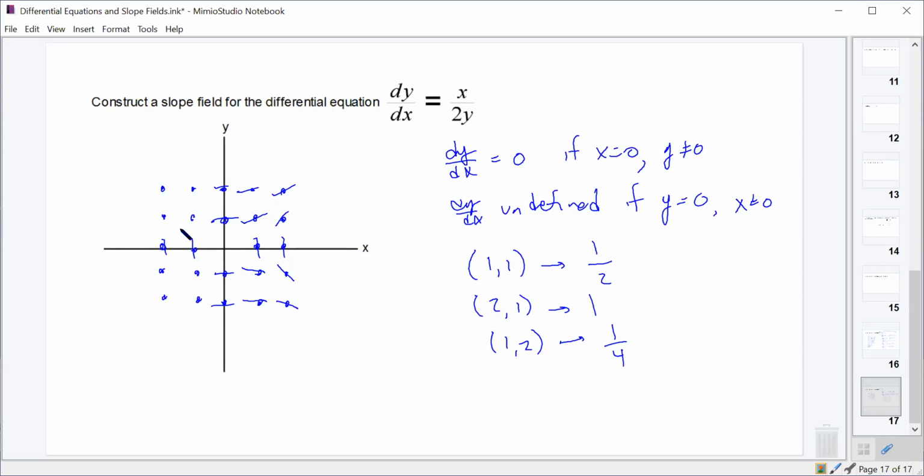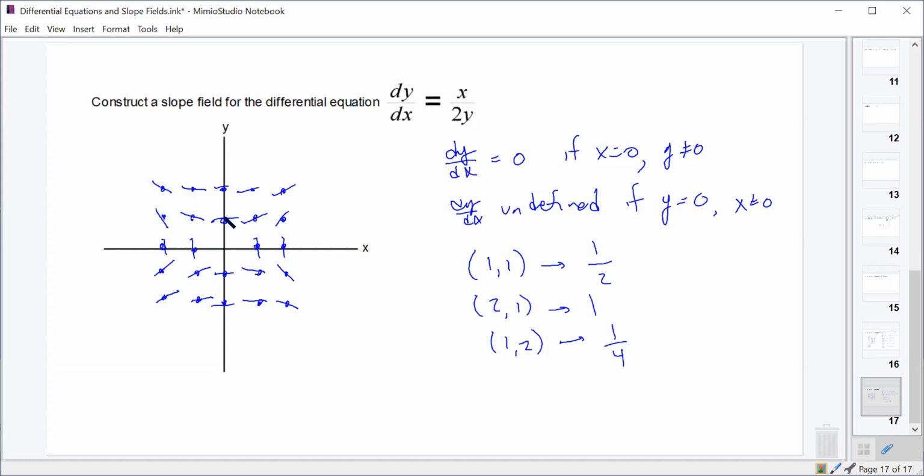And if I mirror it over here, I should end up with the same things, right? And I know my slopes aren't all perfect there, but they're generally close enough. And then we should be able to mirror the second quadrant into the third quadrant here. So these ones will be positive slopes. And that's our slope field.